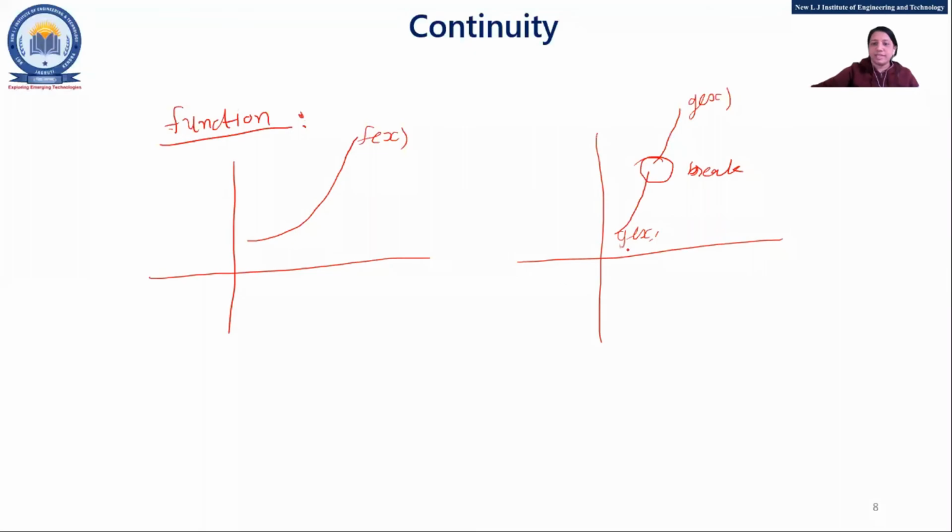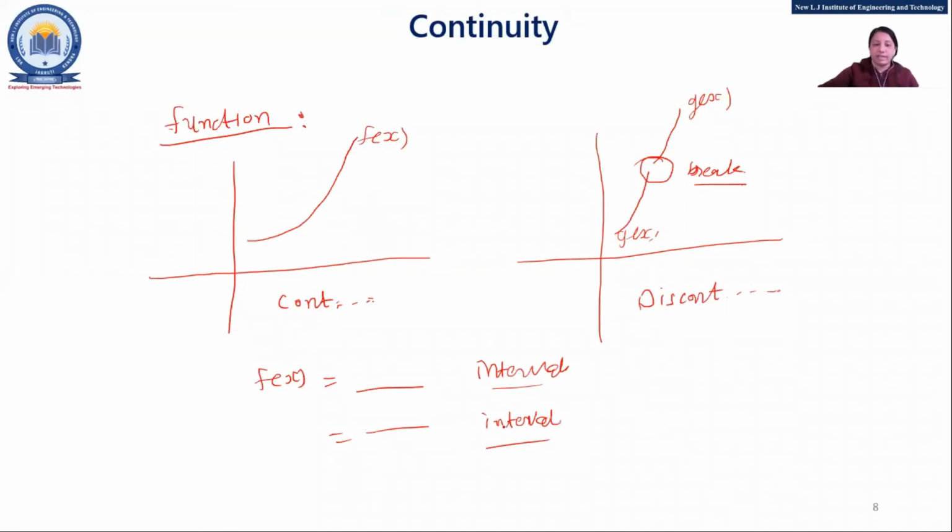We can say that this function is discontinuous, and this function is called continuous. The same we have seen in Fourier series, where the function has two values, f(x) equal to something and f(x) equal to another value, and they write an interval. That is the meaning of it: at some point your function is breaking somewhere.